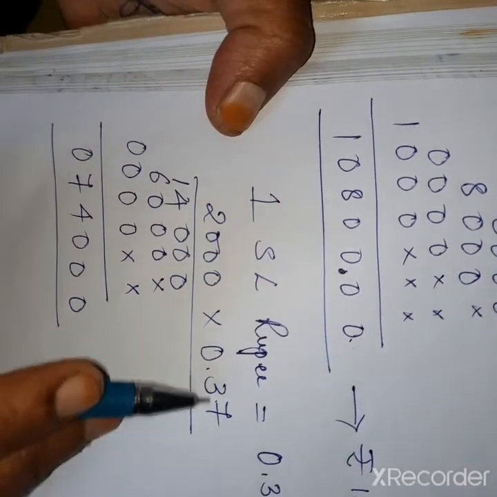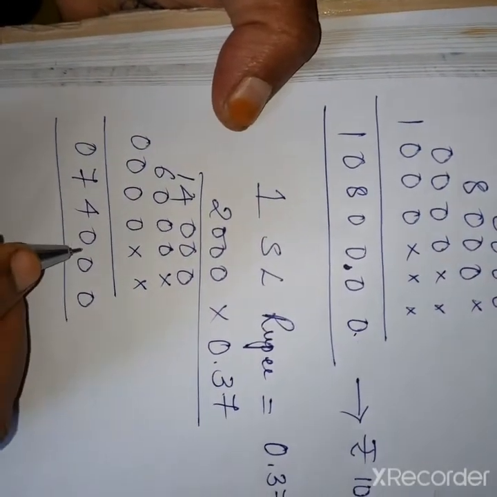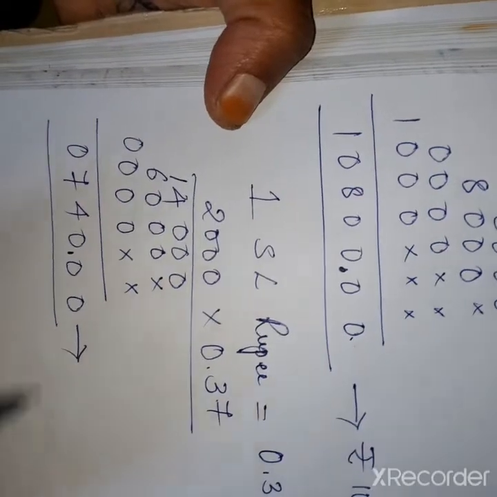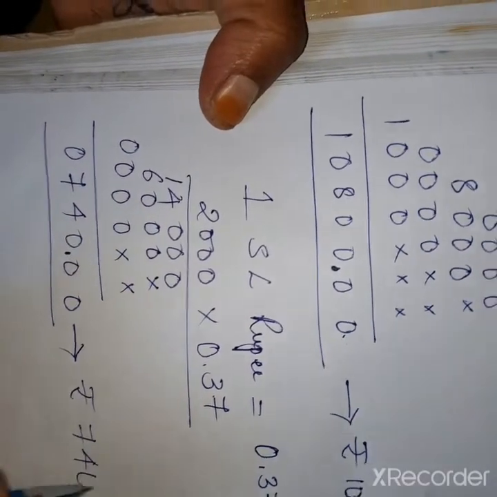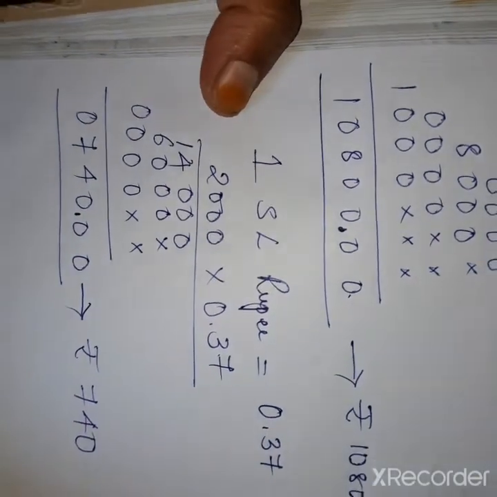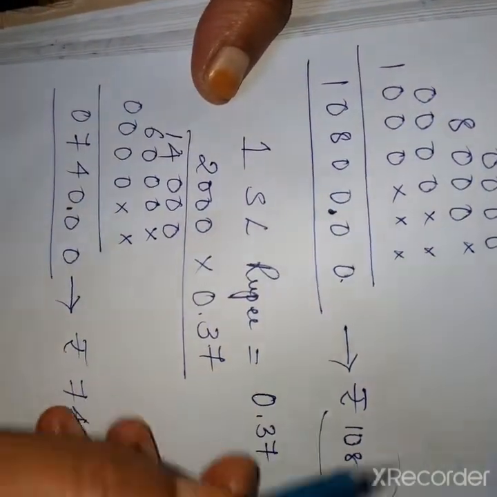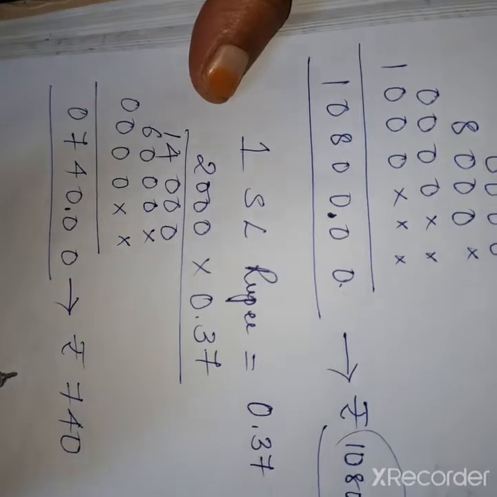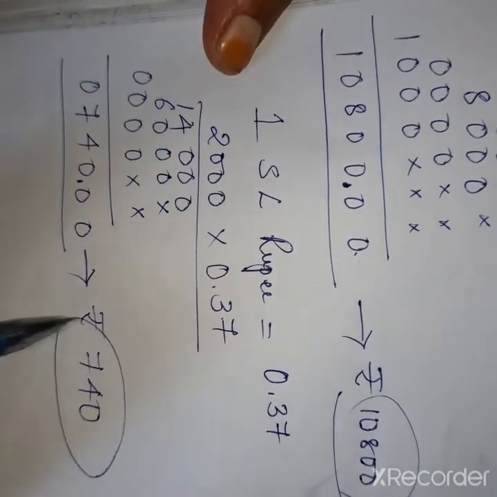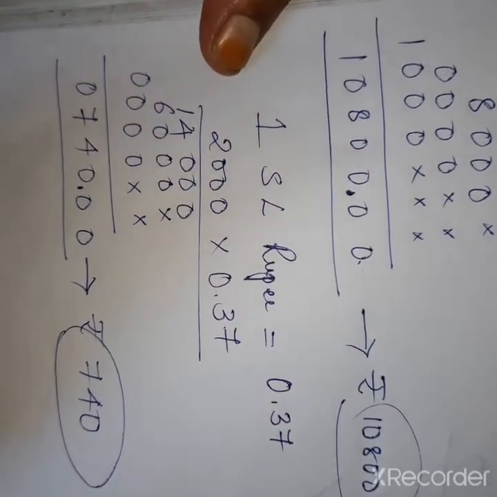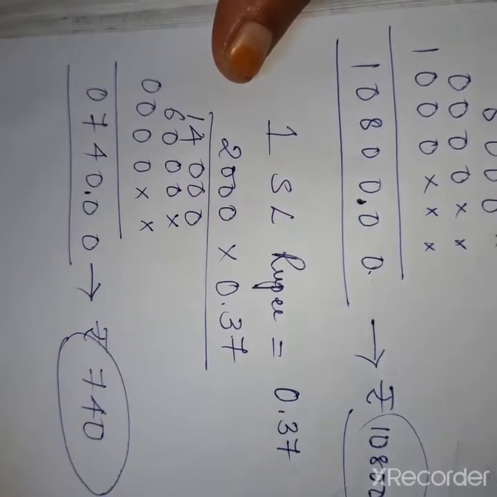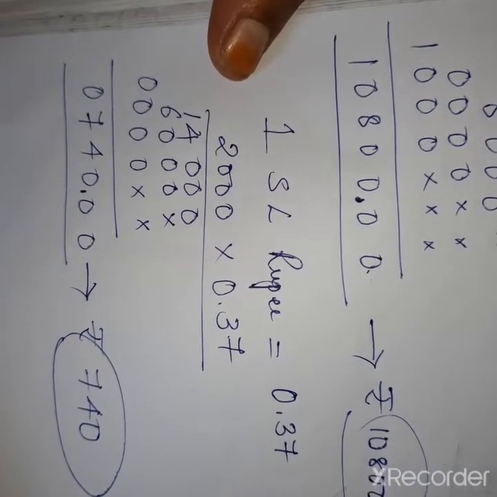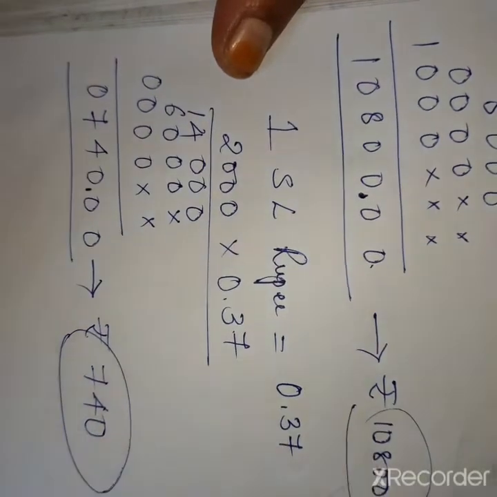After the decimal there are 2 decimal places, so we have to mark here. How much is he getting? He is getting rupees 740 as his salary. Now see, this is the amount Majid's father is getting, and this is the amount Arun's father is getting. So very clearly we can say that Majid's father's salary is more than Arun's father's salary. Okay.